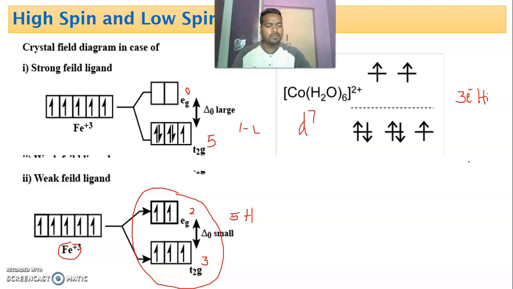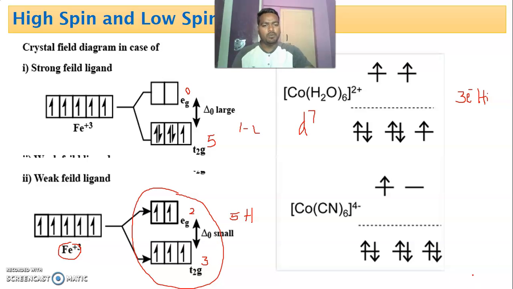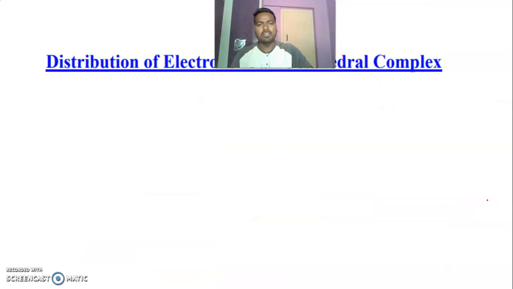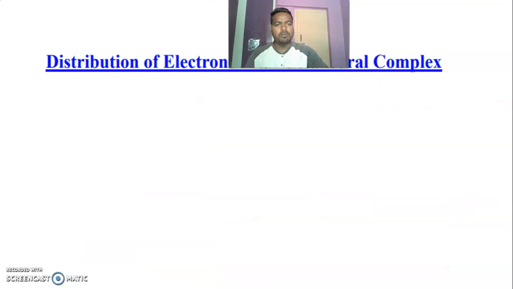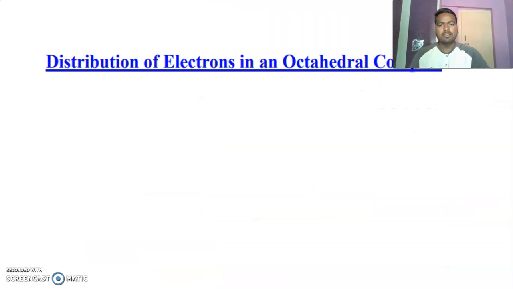And if you take the same cobalt complex, but with cyanide, a strong ligand, it forces the unpaired electrons to pair up. The CFSE is very high, so it has only 1 unpaired electron and it is a low spin complex. So similarly, we can solve the problems and identify in the case of a system.